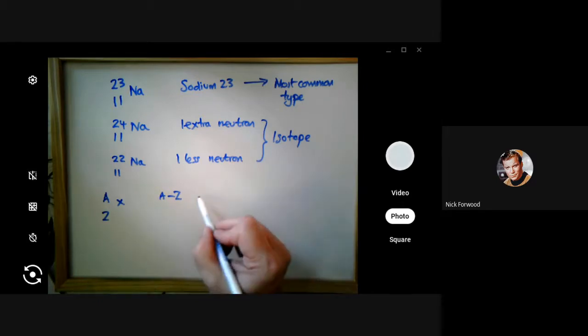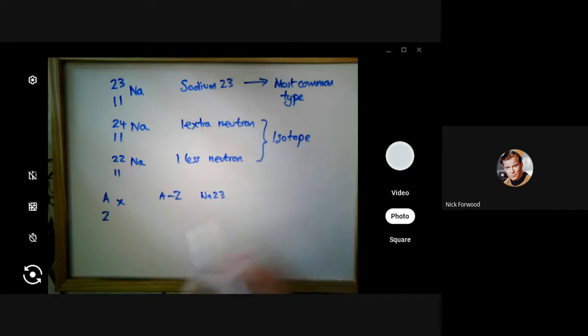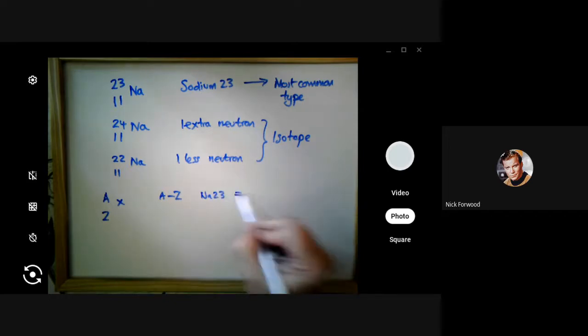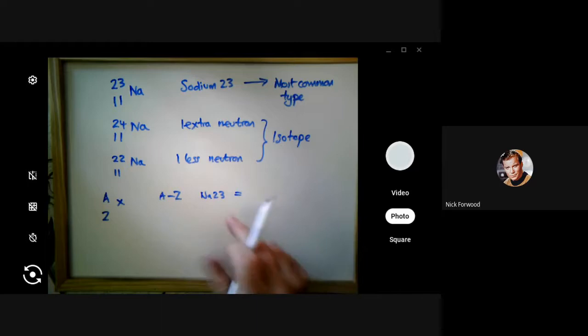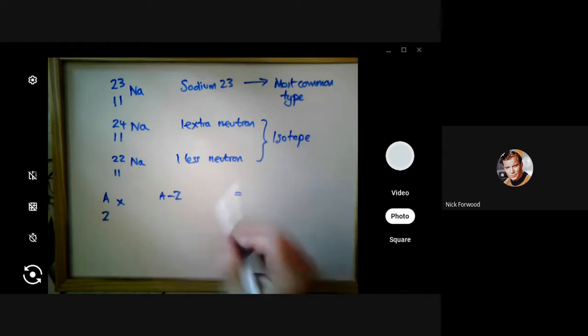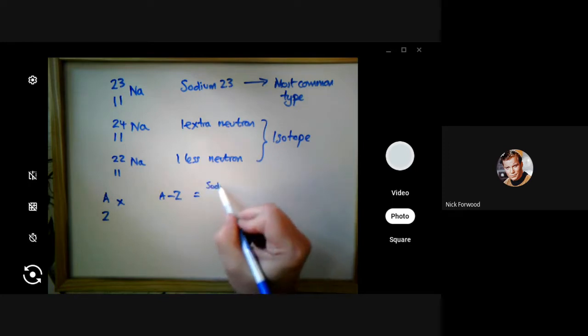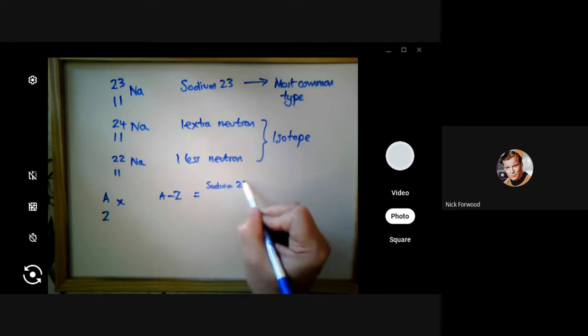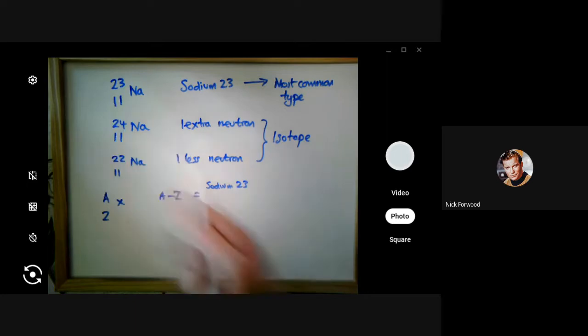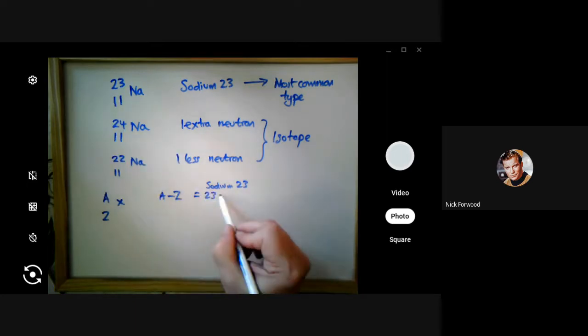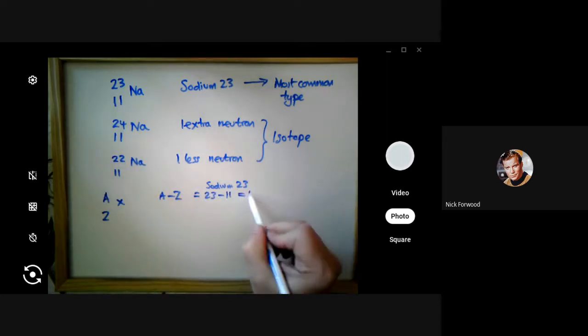So for sodium 23, A minus Z is equal to 23 take away 11, which, as we've already said, is 12.